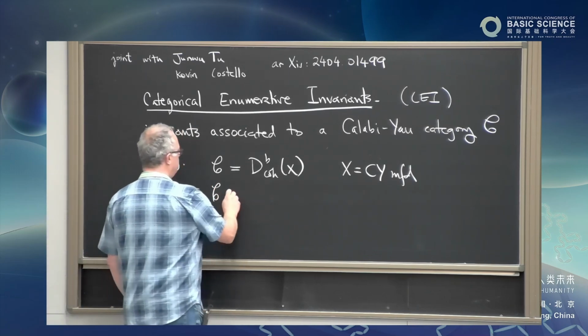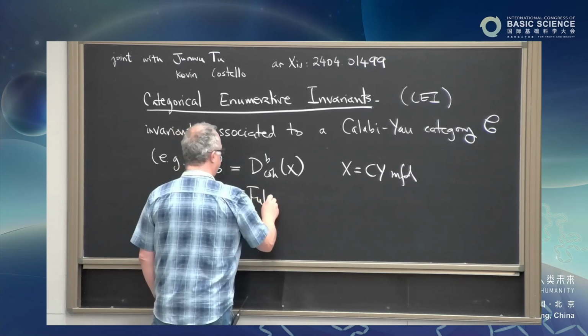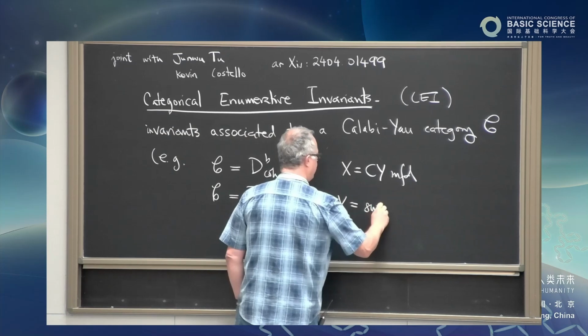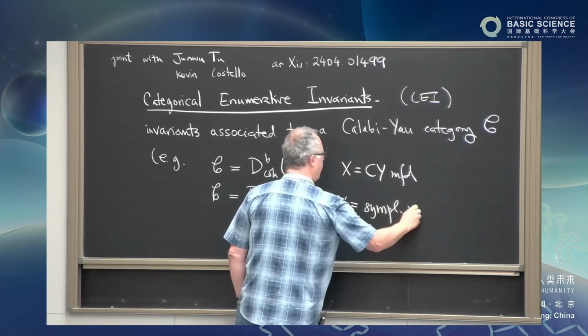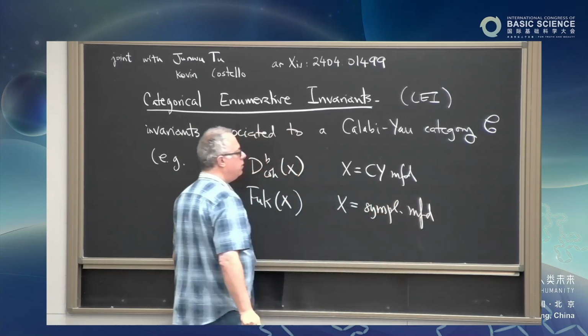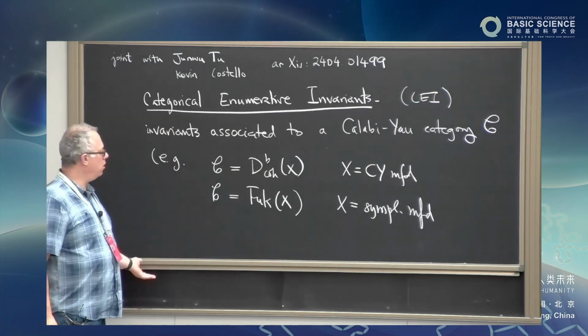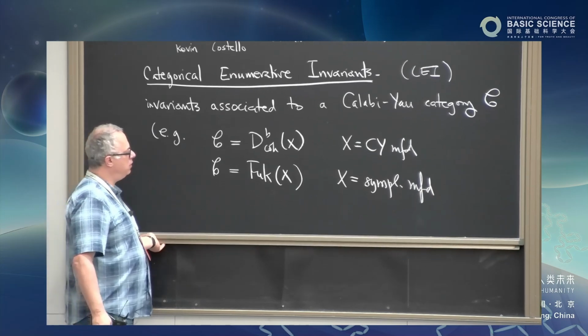You could take C to be the Fukaya category of a symplectic manifold. This would be another example of a Calabi-Yau category to which our theory would definitely be important to apply.